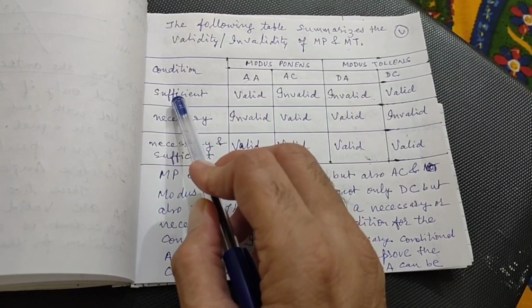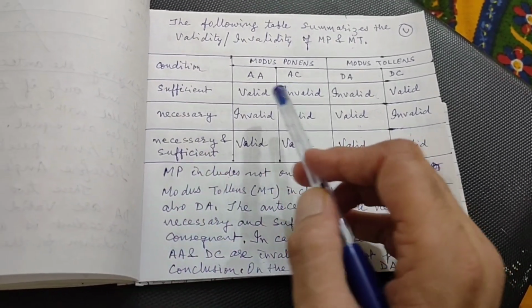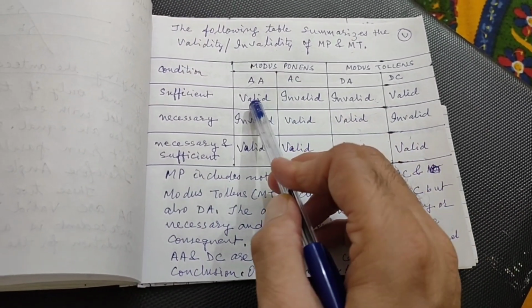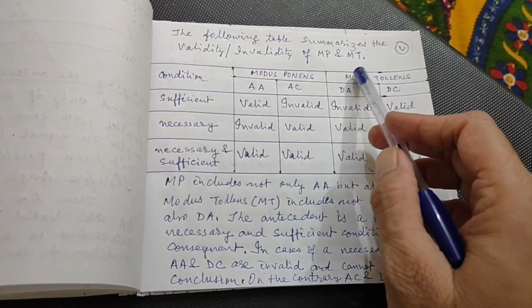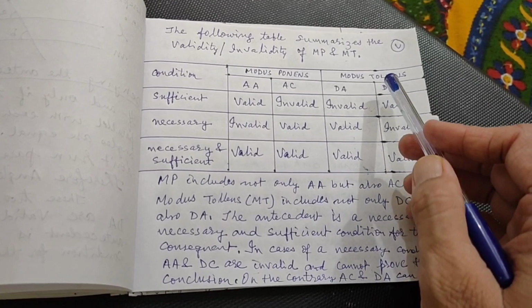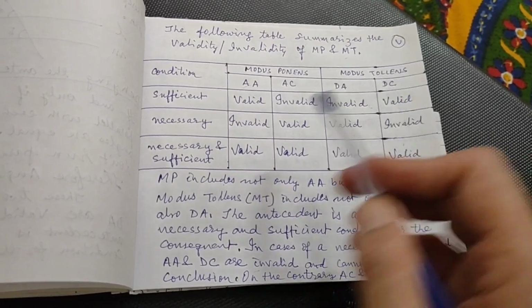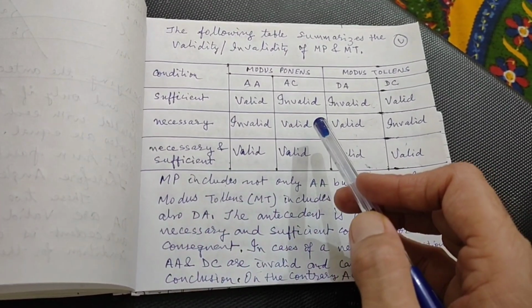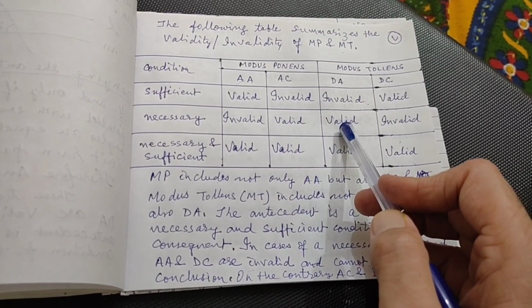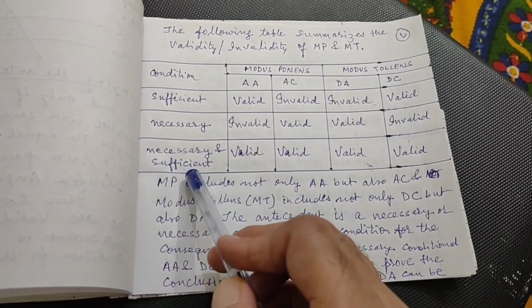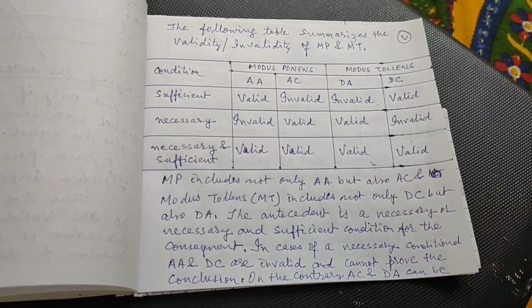For sufficient condition, modus ponens gives a valid conclusion. Modus tollens DC is valid. Necessary: modus ponens AC is valid, and DA valid in modus tollens. Necessary and sufficient: for modus tollens, all are valid.